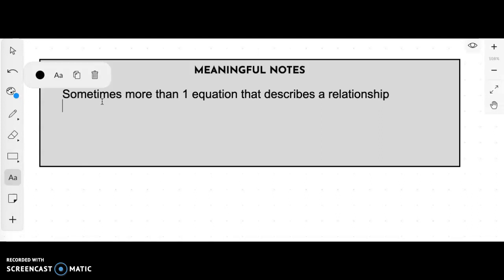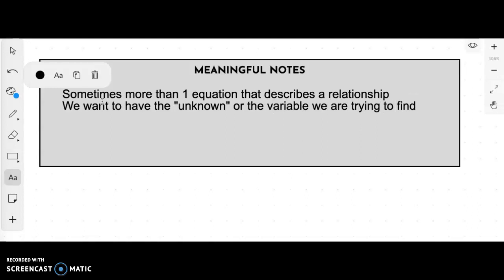And so sometimes there's more than one equation that describes a relationship. In that case, we want to be really careful about which one we choose. So we want to have the unknown, or the variable we're trying to find, by itself.